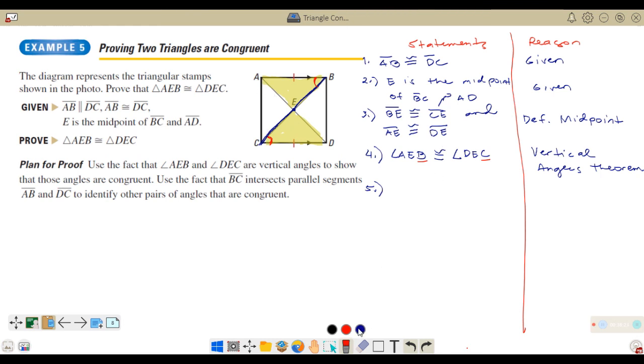So I want to be more specific. I will write here angle ECD and angle EBA, or angle ABE, using three letters, and angle DCE.